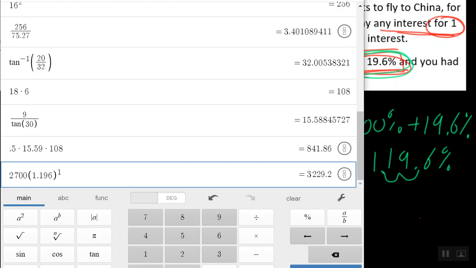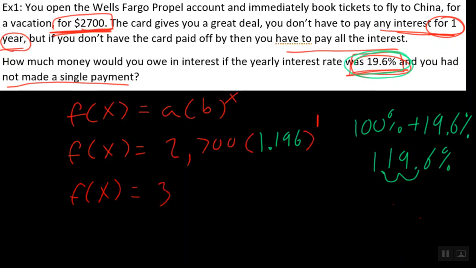So how much money would we owe? We would owe $3,229.20.